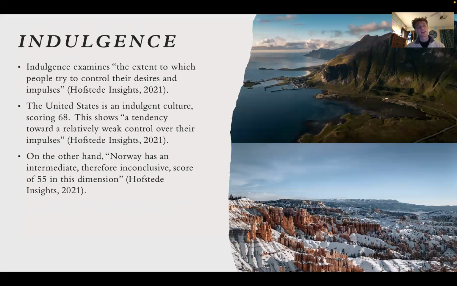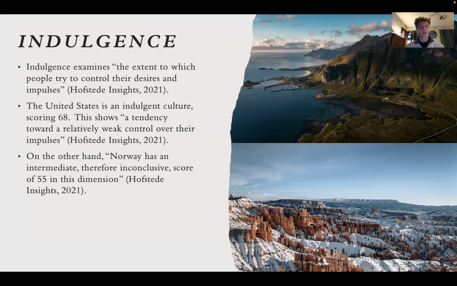And the final dimension that we're going to examine today is indulgence. Indulgence examines the extent to which people try to control their desires and impulses. And both nations score relatively high on this. The United States definitely edges Norway up a bit, and it is an indulgent culture, which basically means that the average person in the US has a relatively weak control over their impulses.